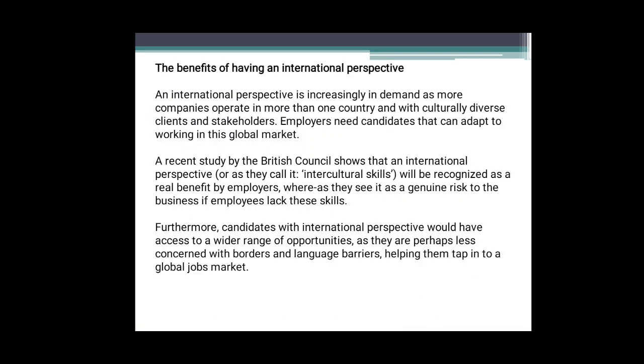A recent study by the British Council shows that an international perspective will be recognized as a real benefit by the employers, whereas they see it as a genuine risk to the business if employees lack these skills. Furthermore, candidates with the international perspectives would have access to a wider range of opportunities as they are perhaps less concerned with the borders and language barriers, helping them tap into a global job market.